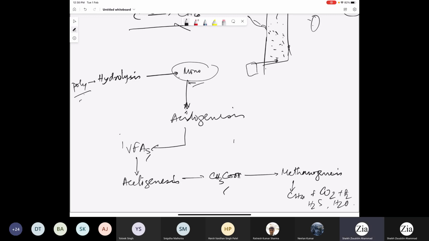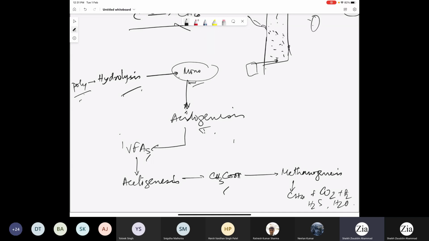So this entire scheme is not happening in parallel. But in a reactor system, whenever you have production of an intermediate, it will automatically get converted. The activity of the bacterial group present in each step will tell you how fast this reaction will go.